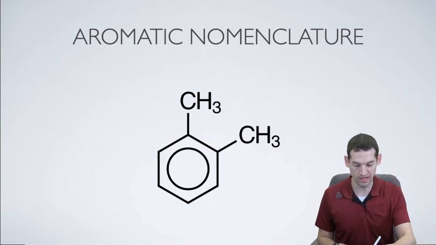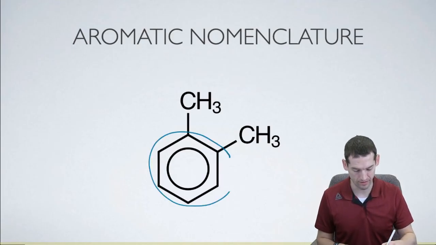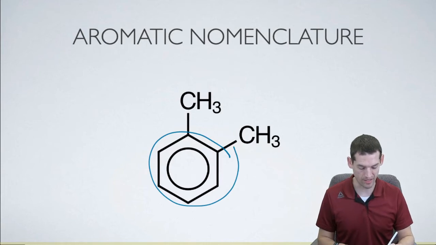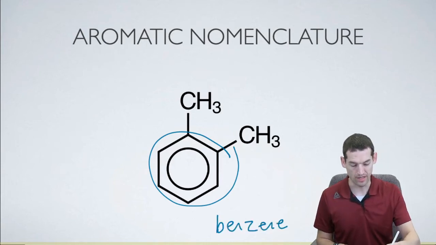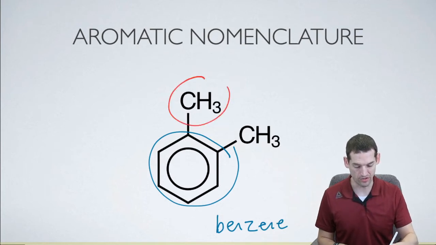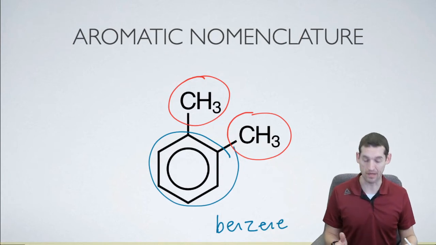So I still have a benzene parent. So the name is still going to end in benzene. That's not changing. But now I've got 2 branches. And they're the same. So this is a dimethyl.